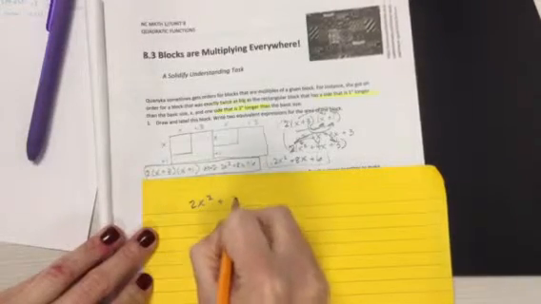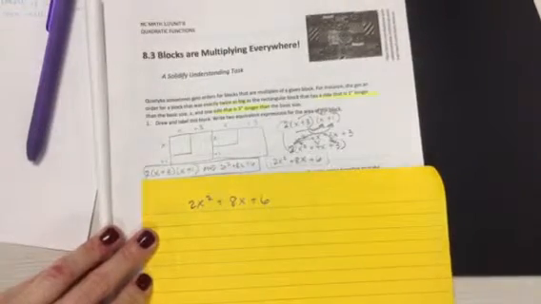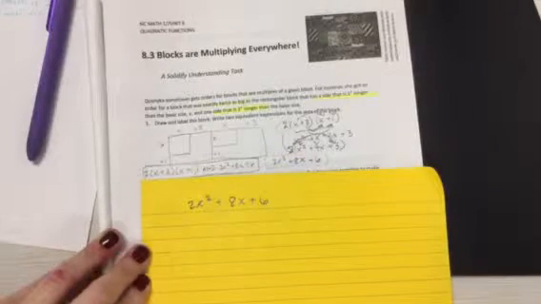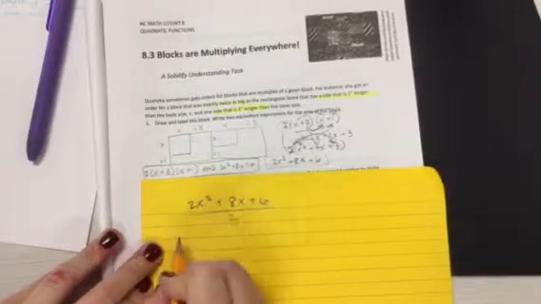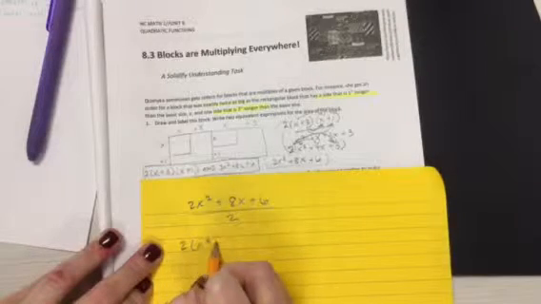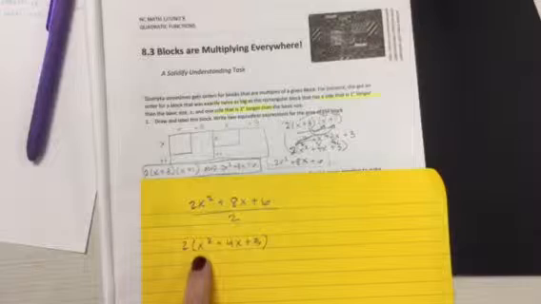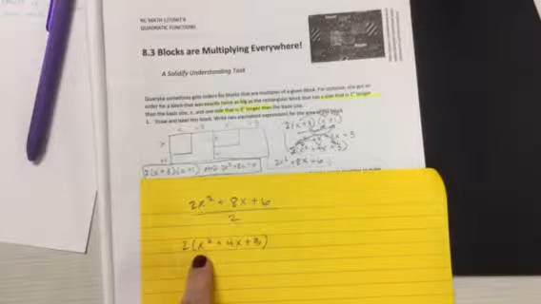If I started with 2X squared plus 8X plus 6, and I was asked to factor it, I'm going to start by pulling the 2 out, dividing everything by 2, so that I have an A value of 1, so it's easier to factor.